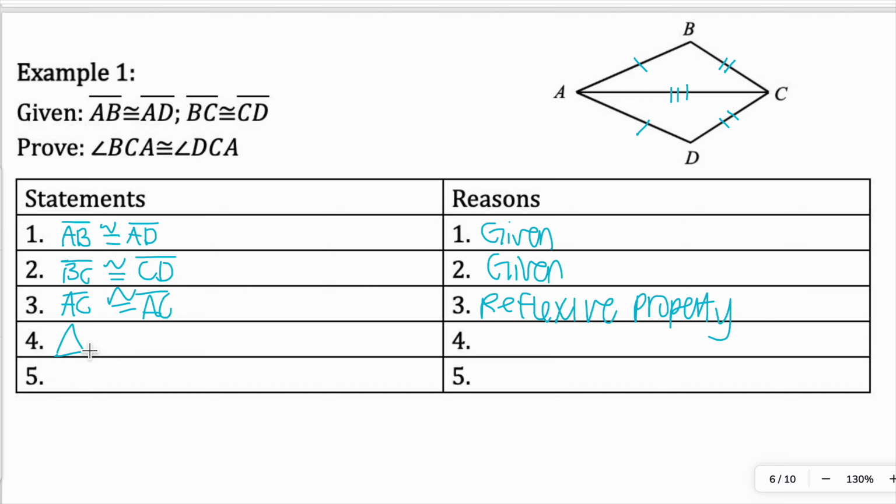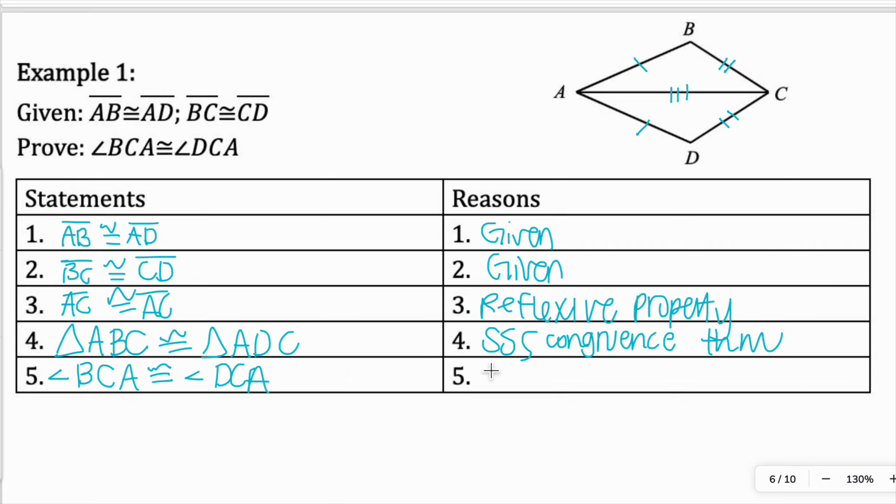So we're going to say triangle ABC is congruent to triangle ADC using the side-side-side congruence theorem. And because these triangles are congruent, I can prove that angle BCA is congruent to angle DCA using corresponding parts of congruent triangles are congruent, or CPCTC.